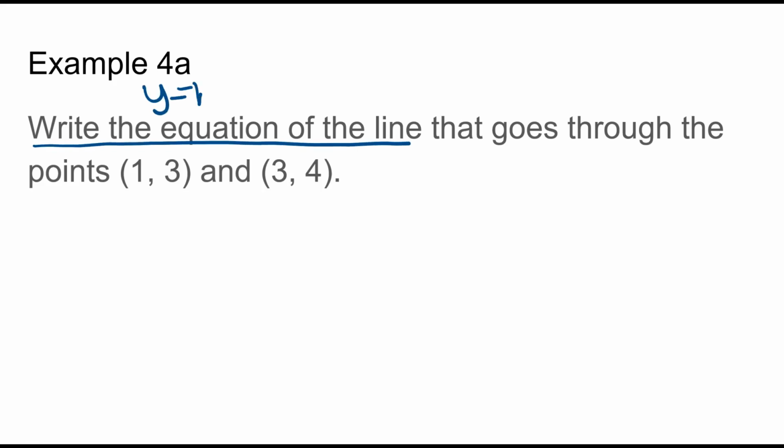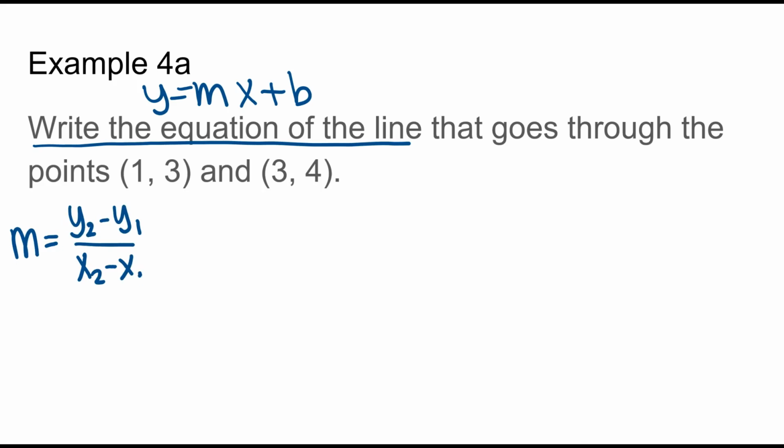Anytime I'm seeing write the equation of the line, I think y equals mx plus b, but all they give me are points. Well, I either need to find m or b. We actually know how to find m when we're given 2 points. We've got the formula y2 minus y1 over x2 minus x1.